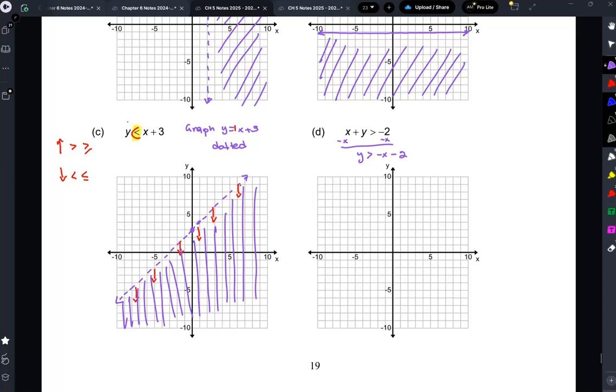I'm going to graph y equals negative x minus 2, and it's going to be a dotted line. So negative x minus 2 is here. Minus 2 goes there. And then the slope is minus 1, so I go down 1 over 1. So here we go. It's going to be a dotted line like we said.